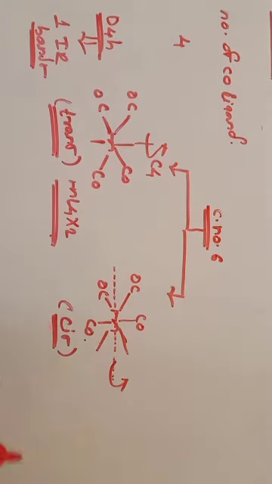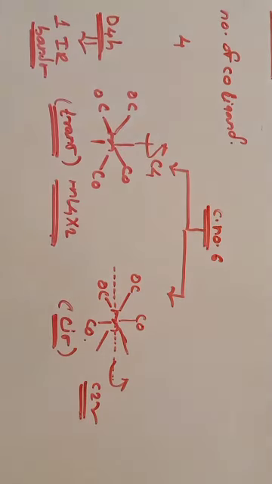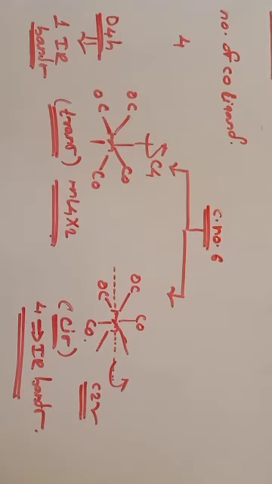So the point group of the cis isomer is C2V, and whenever there is a C2V point group, the number of IR bands is equal to the number of carbonyls. So total 4 carbonyls are there, so we get 4 IR bands for this cis isomer, and we get one IR band for this trans isomer.